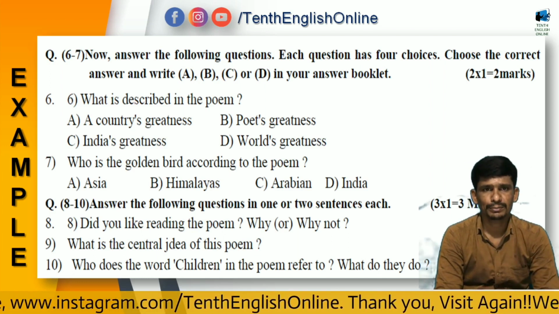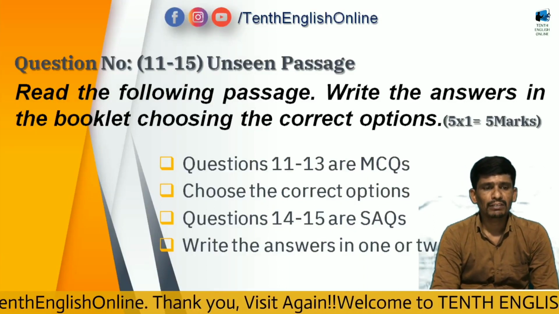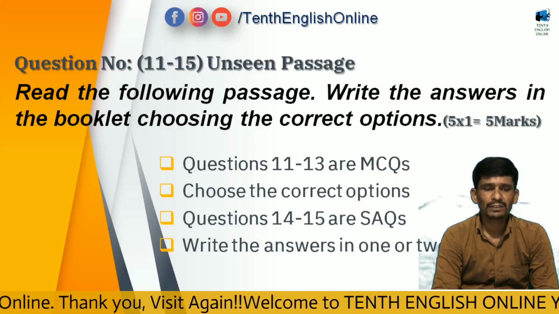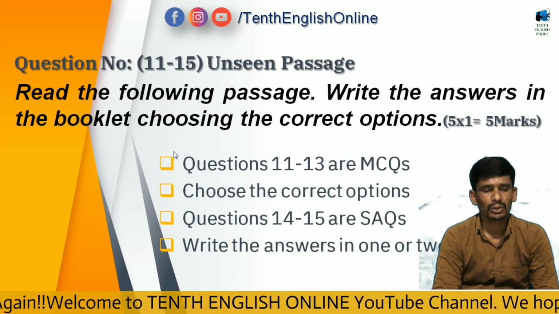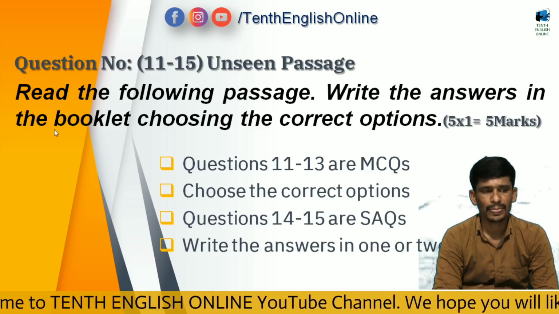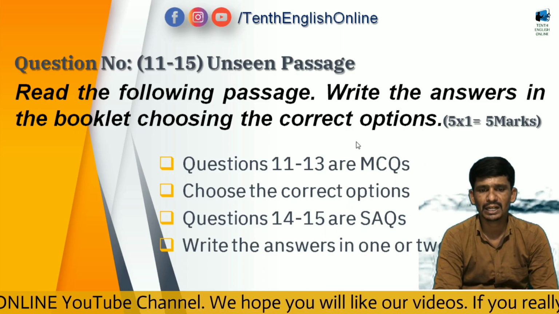Now, the third bit in section A starts with question number 11 and ends with 15. So 11 to 15, 5 questions, 5 marks. This is once again an unseen passage. Read the following passage, write the answers in the booklet, choosing the correct options.